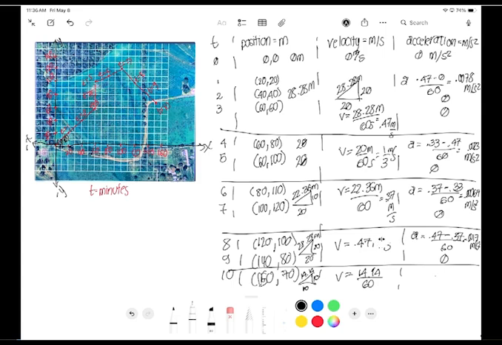That equals 0.24 meters per second. And the acceleration is equal to 0.24 minus 0.47 divided by 60, and that equals to negative 0.0038 meters per second squared.